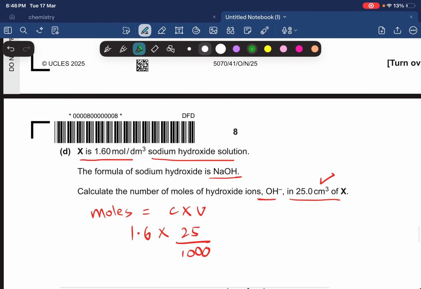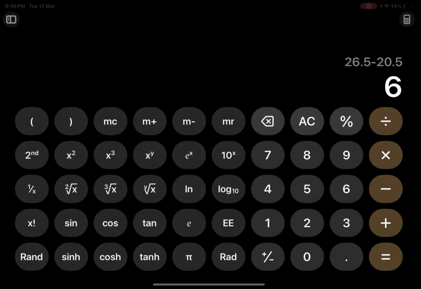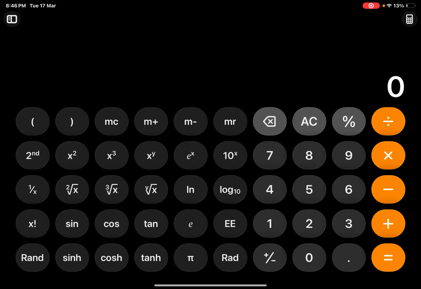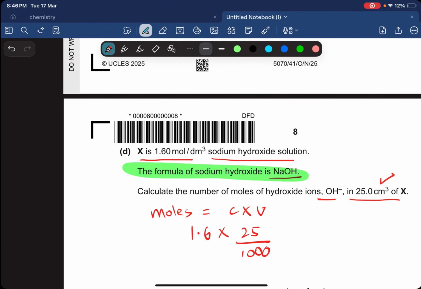Now the formula for sodium hydroxide is NaOH. I think they've given this to confuse you, to check if you use the formula mass over Mr, but that's not going to be used. So 1.6 into 25 divided by 1000 is 0.04 moles.